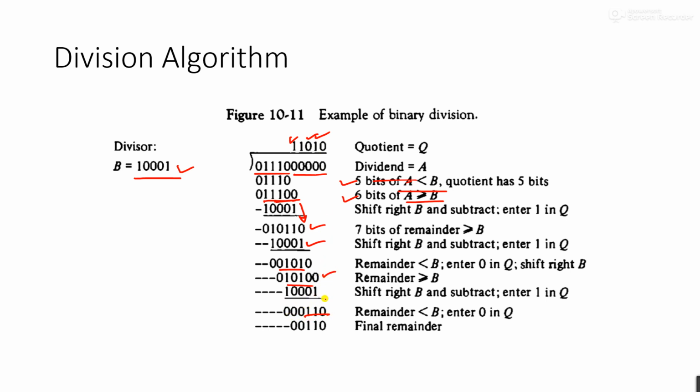No more bits are available to bring down, so I put a 0 here and one more 0 here, and then I stop the division process. My remainder is here, 110, which is in A, and my quotient is here, which is my answer. My divisor is in B, and my quotient is in the Q register.